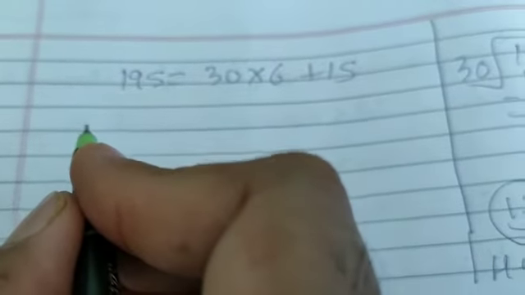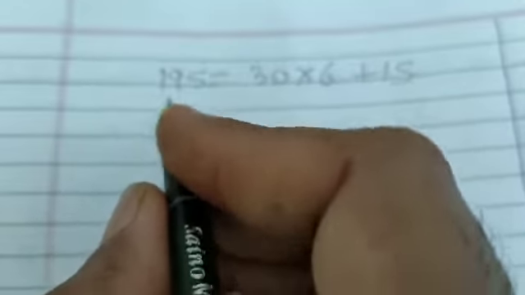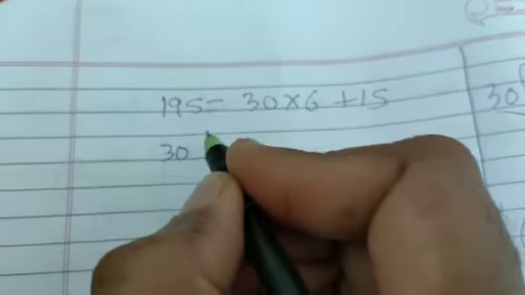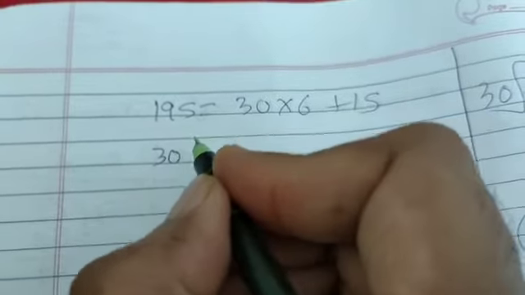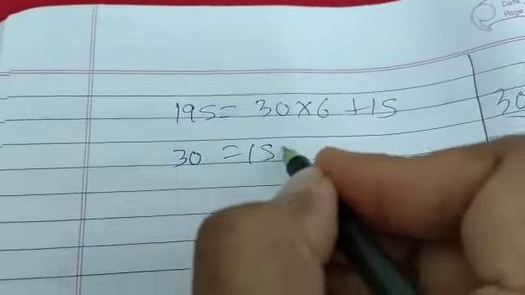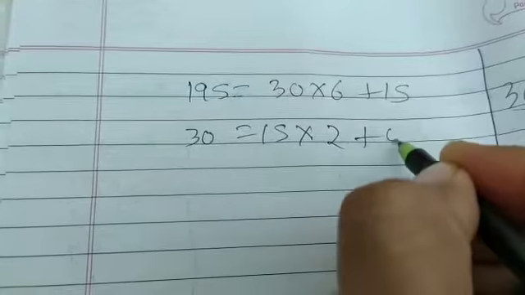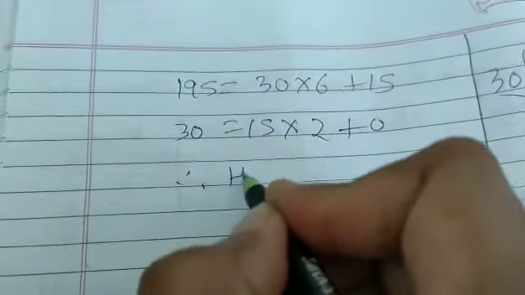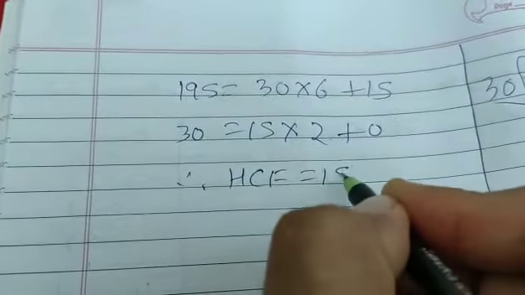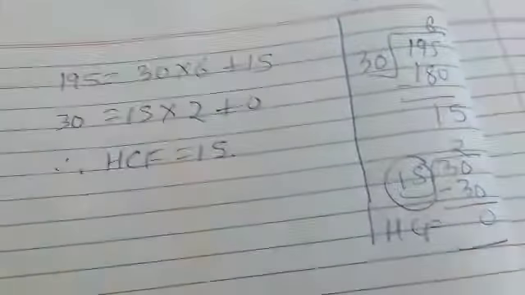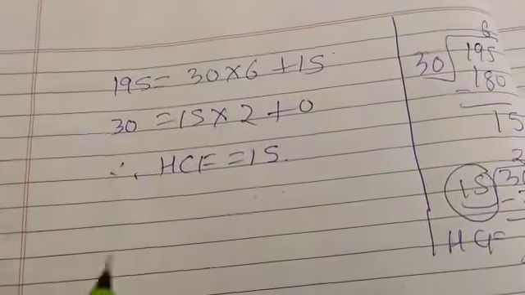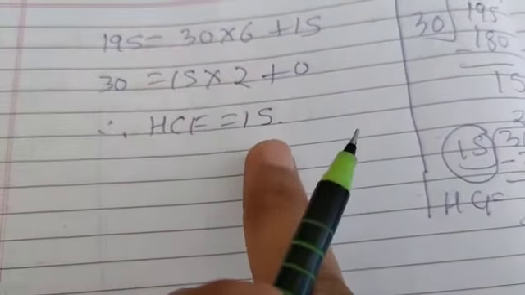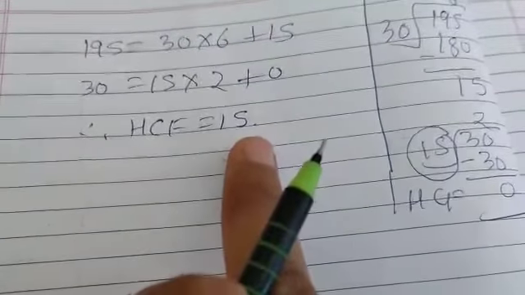So writing this using Euclid's division lemma, we get 30 equal to 15 multiplied by 2 plus 0, and since the remainder is 0, therefore HCF equal to 15. So again, this time also we have got the HCF by applying Euclid's division lemma.